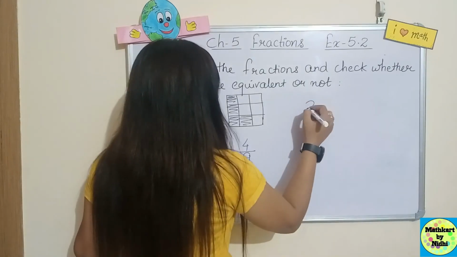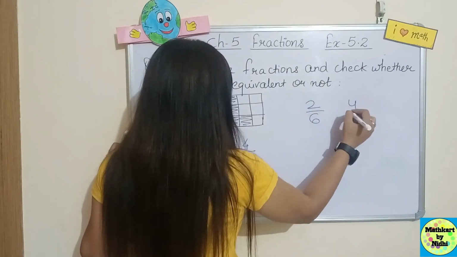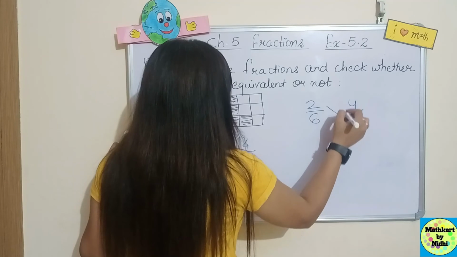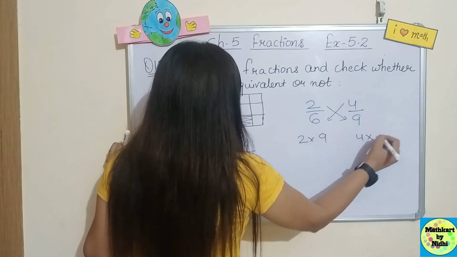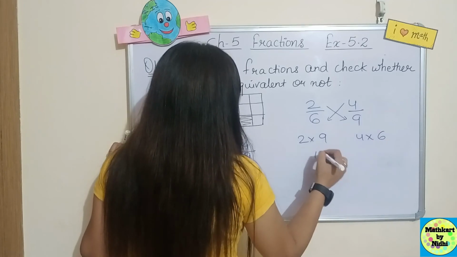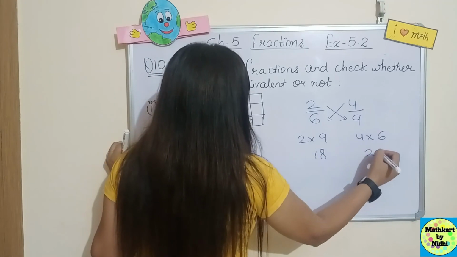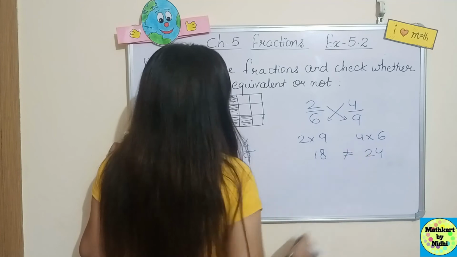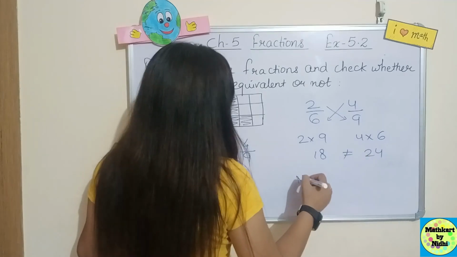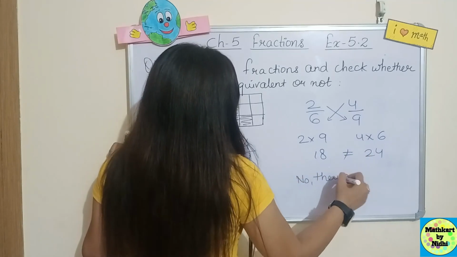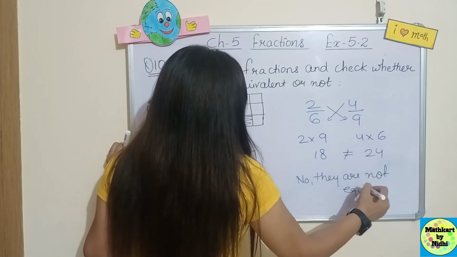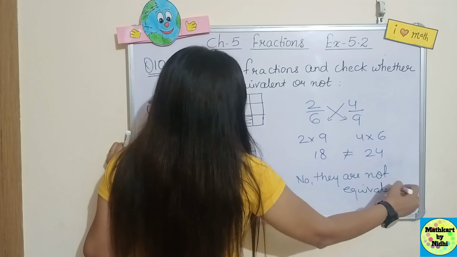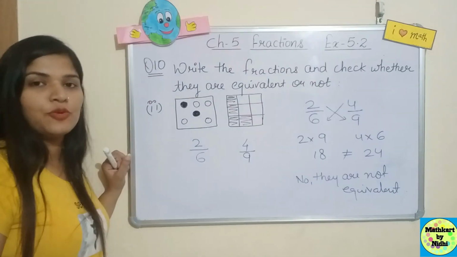Let us use the cross multiplication method for 2 upon 6 and 4 upon 9. 2 will be multiplied by 9 and 4 will be multiplied by 6. 2 9s are 18 and 4 6s are 24. So they are not equal. So we can write down, no, they are not equivalent. I hope it is clear.